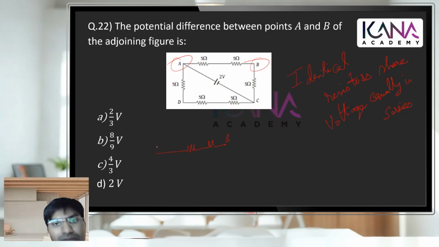This is point B, this is point A, so this is 5, 5, and then there is C, this is 5, and then there is a battery, 2 volts, and then again A is connected with 5 ohms, and then another 5 ohms, then there is point D, and then it goes to 5, there's 5, and then 5, it goes to this C. So this is how we can redraw this diagram.